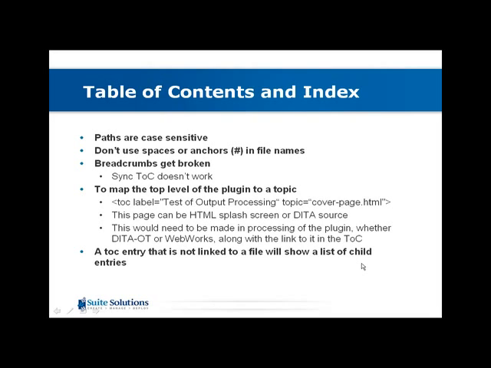So that will give you a list of all the child entries. If you want to make sure that every page has one, the top level, which is called the talk, which is the book level, does not necessarily have to have a page, but it could have one. So you can make one of your own or have a data source go and get that for you.